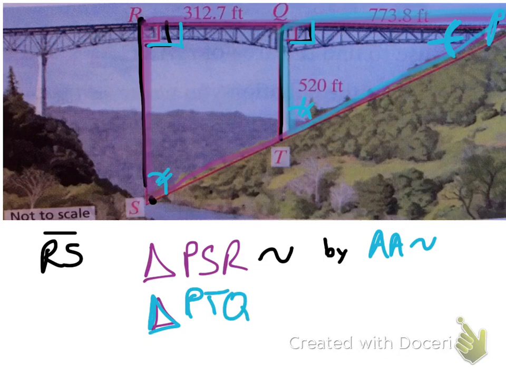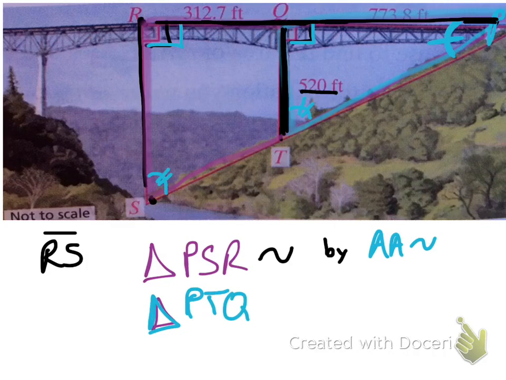So now that we have two similar triangles set up, we can use some of our known. We know that this pier right here is 520 feet. We know we can measure just by walking along and measuring on this bridge the length of PQ. We can also measure the length of PR.